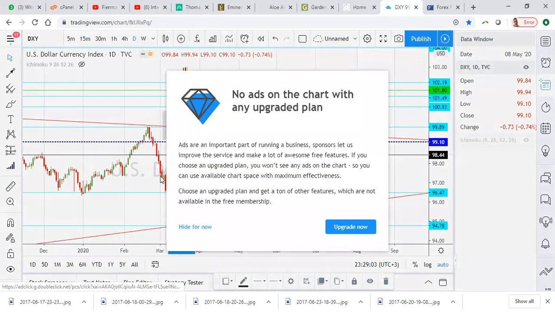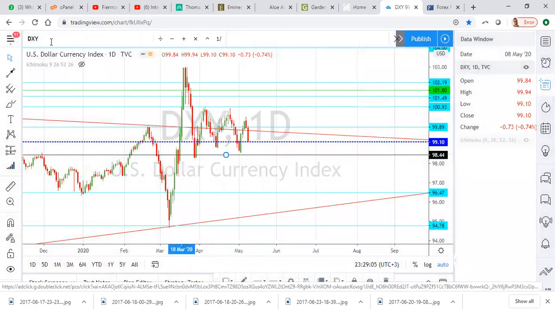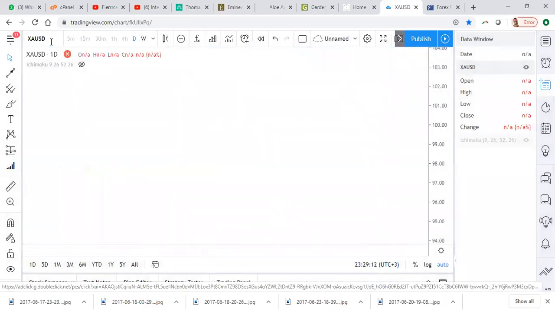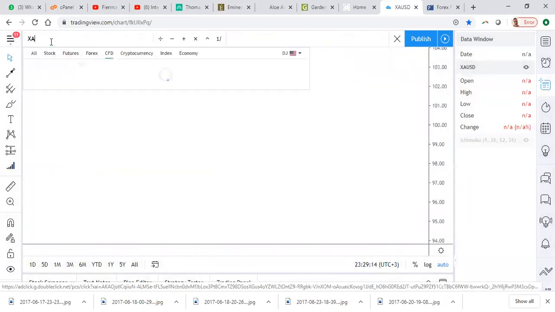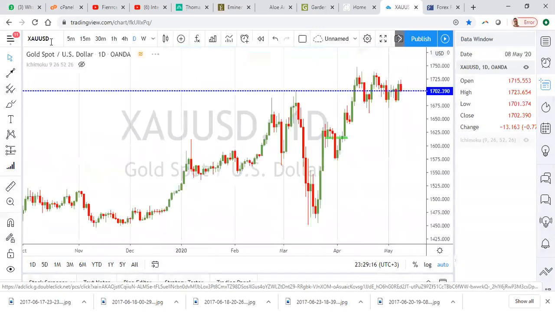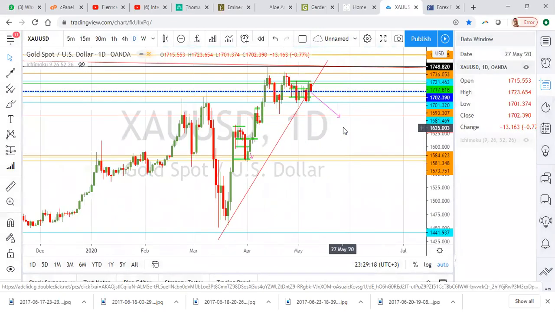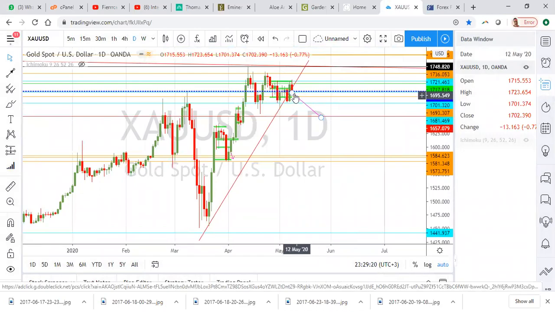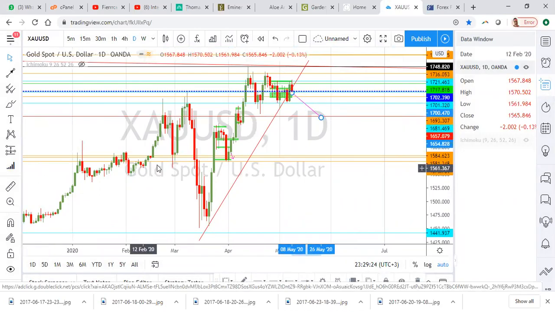So let's look at gold. Though I haven't traded gold in a while, it's been crazy. Oh my god. Gold, yeah, I had seen this. I had expected gold to start coming down, and I think it's on its way down now.